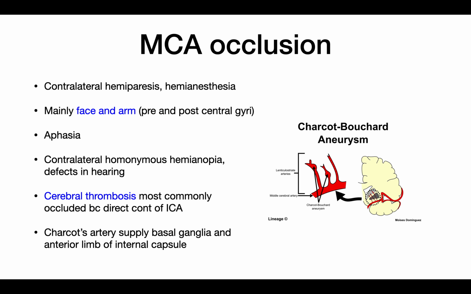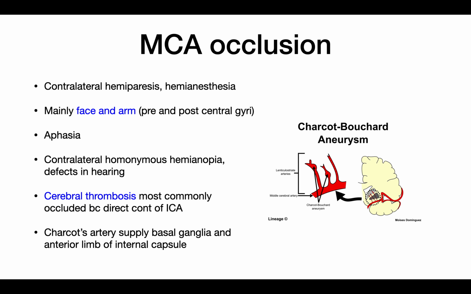Okay, so middle cerebral artery occlusion is going to cause contralateral hemiparesis and hemianesthesia, mainly in the face and the arm. Unlike the previous, this is going to be characterized by aphasia. You're going to also have homonymous hemianopia, which means tunnel vision. There's going to be a defect in the lateral fields of vision and defects in hearing.